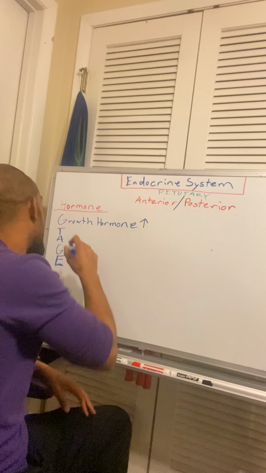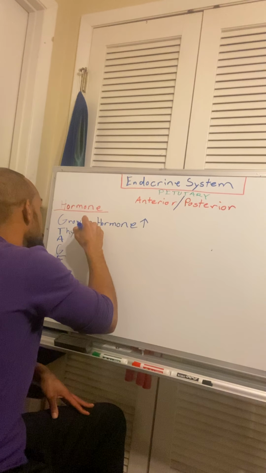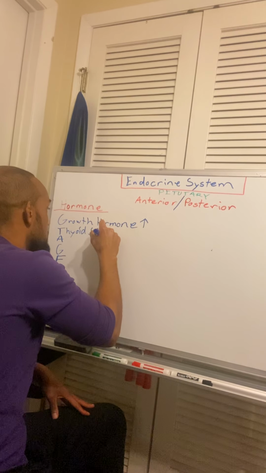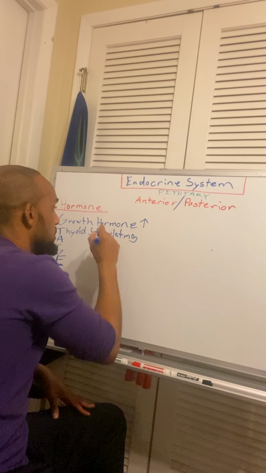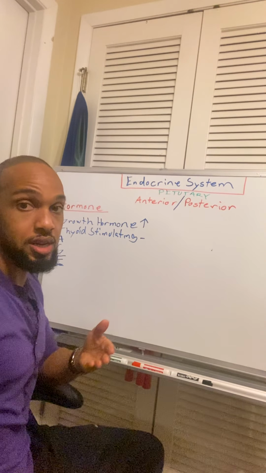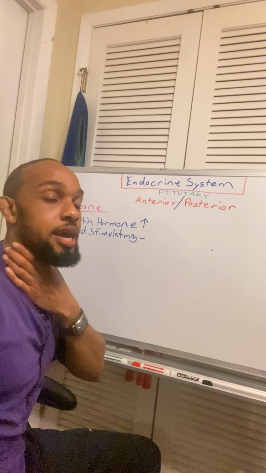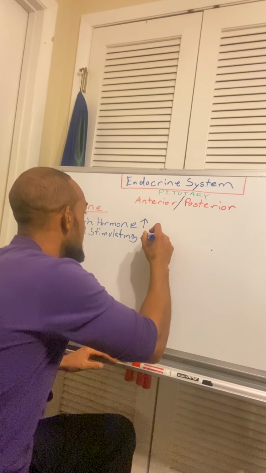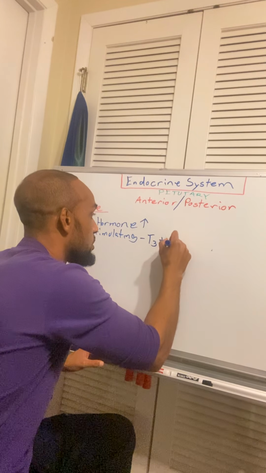And then you have the thyroid stimulating hormone. Now, the thyroid stimulating hormone is what the name implies. It stimulates the thyroid that is in your neck, and it stimulates T3 and T4.